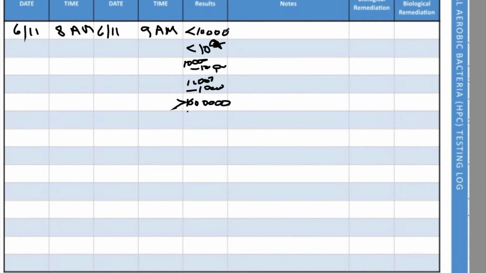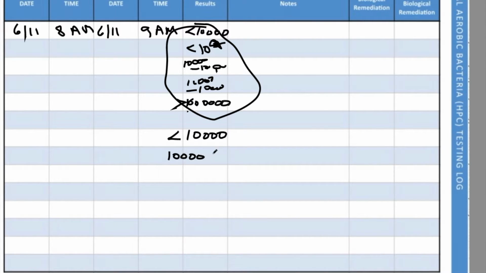Right? So you can use any of these notations to write it in. The important thing is that if it's less than 10,000, you're in good shape. If it's between 10,000 and 100,000, it's a pretty simple remediation.